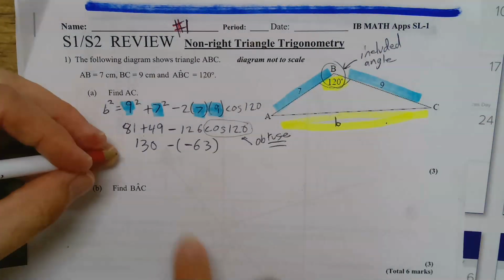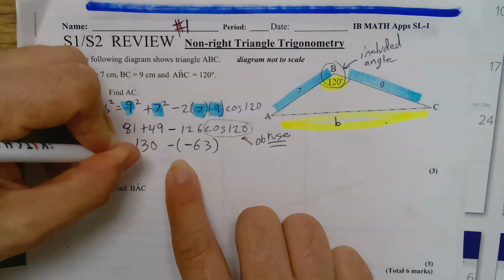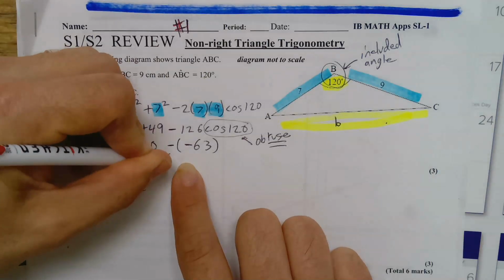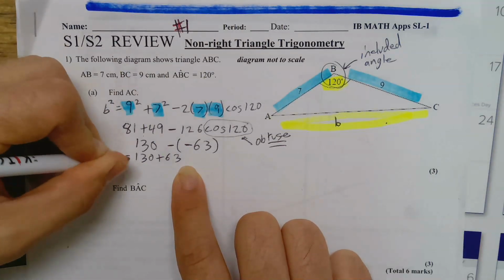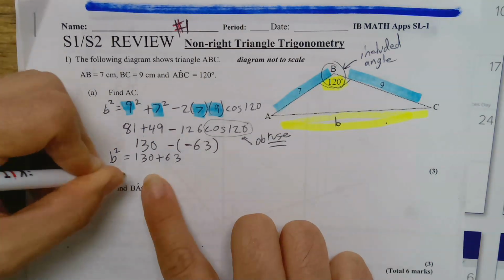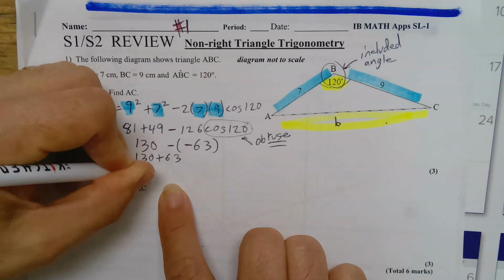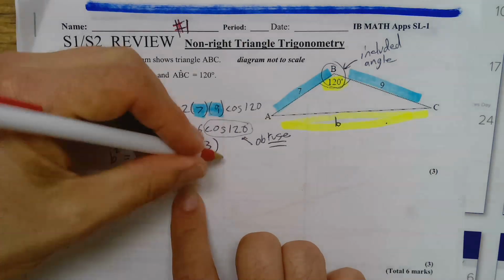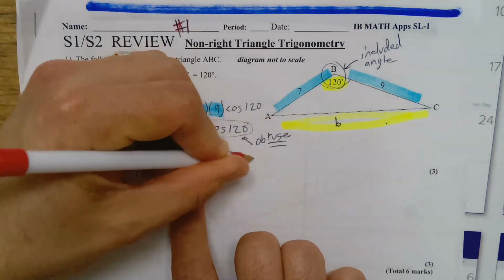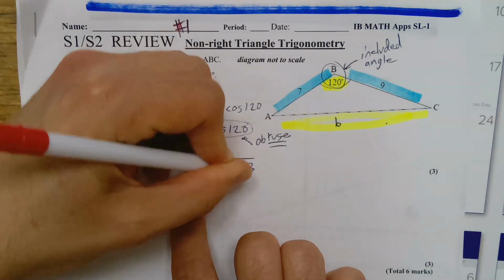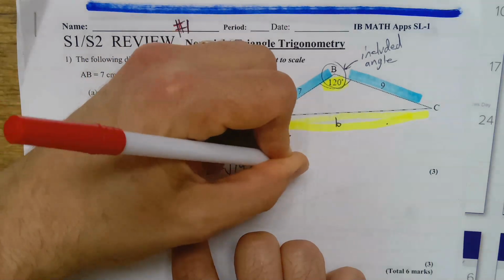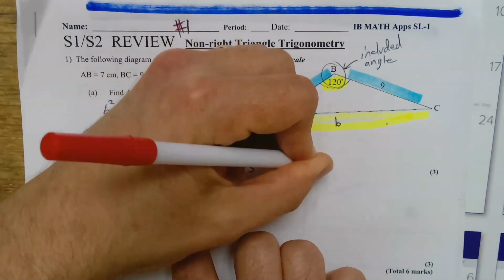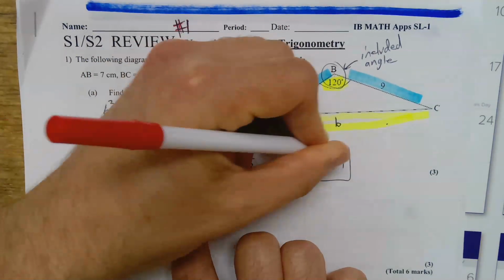So that's going to become plus. So 130 plus 63 is going to give us 193. The final step is to find B. We have to do the square root of 193, and so B is approximately equal to 13.9.